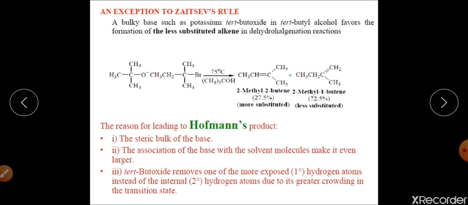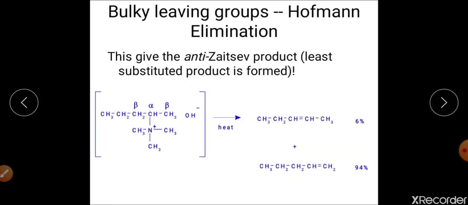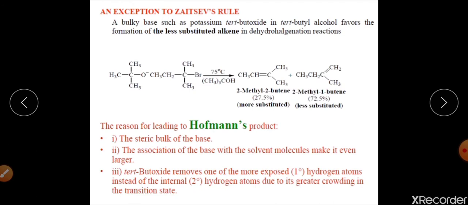Fourth, if there is C double bond C or C double bond O, which means if there is already unsaturation present in the substrate, the Hofmann rule will also be followed.